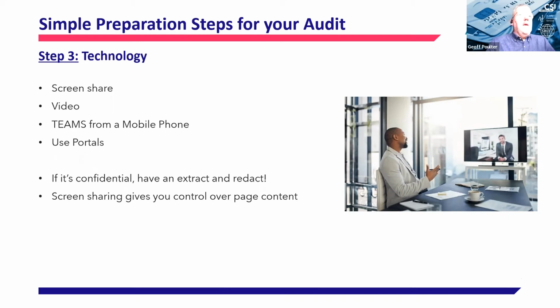I can't share that way. Just remember, if you're using something like Teams, then Teams can run on a mobile phone. And the great thing about a mobile phone is it's got 2 cameras. There's obviously the forward facing, but there's the away facing. And if you switch to the away facing, you can basically do a video of a computer screen. That can help demonstrate some aspects of your audit.